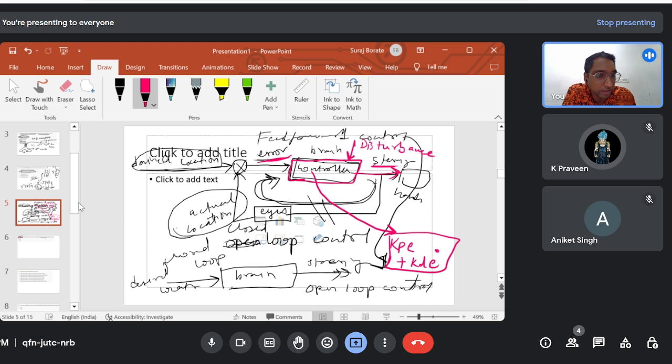What it is saying is you move in the direction opposite to the error, right? So if the error is high, then you move fast. If the error is low, then you move slow. And if the error is negative, you move in the opposite direction. If the error is positive, you move in the straight direction.